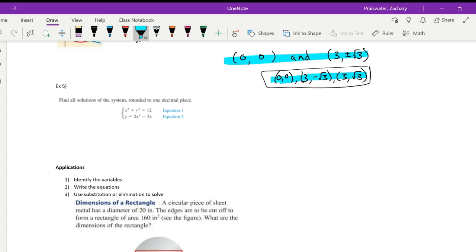But y is already by itself, so I can write this as x squared, and then instead of y squared, we have 2x squared minus 5x, and that is all squared, is equal to 12. And this looks kind of messy, but we can FOIL this.